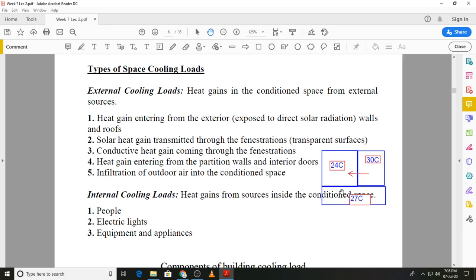and again there will be heat transfer from the basement into this conditioned space, but this time it will be through the floor of the conditioned space. So this time the floor will also act as a partition.